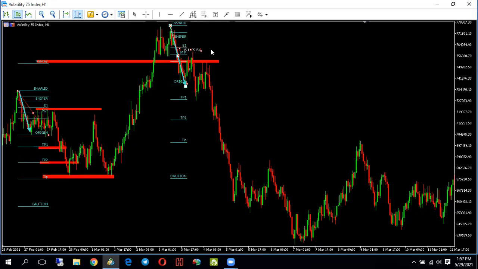That's my E1 area. And then this is TP1 getting it. This is TP2 getting it. This is TP3 getting it. This is TP4 getting it.